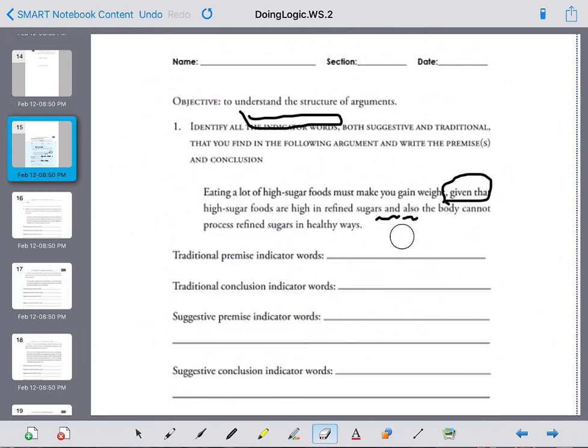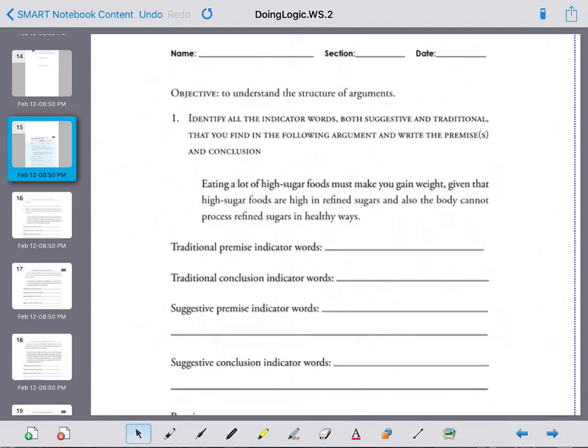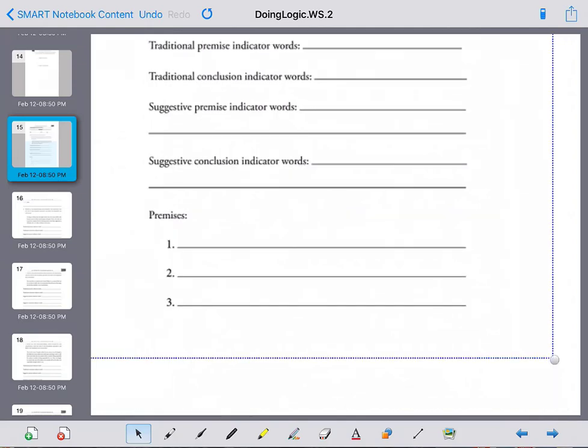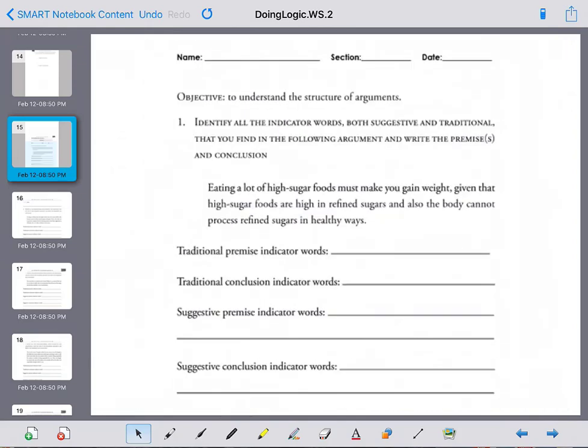Move here. When we look at premises, what you're doing here, when you go up to the thing, not only are you identifying them, but you also want to write the premise and the conclusion. So when you write the premise and the conclusion, that's what you're going to do right here. And how do I know what goes here?